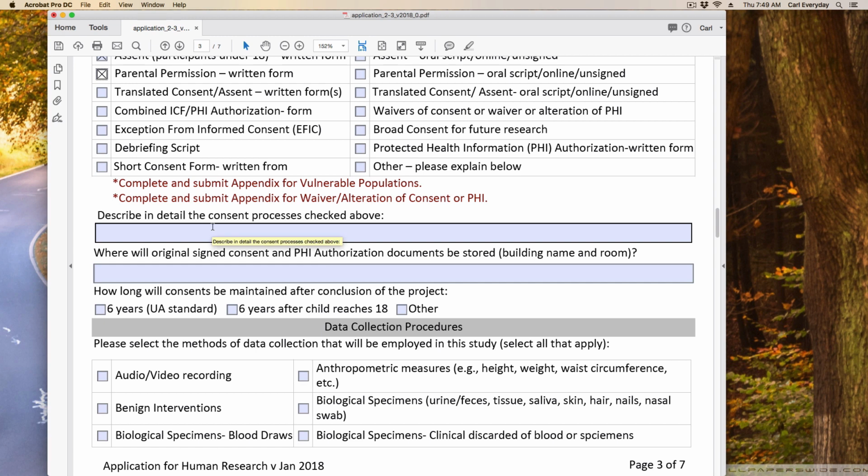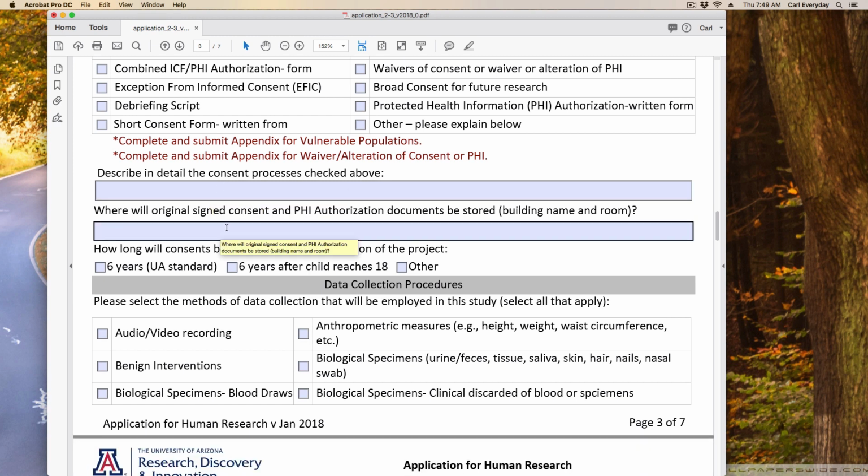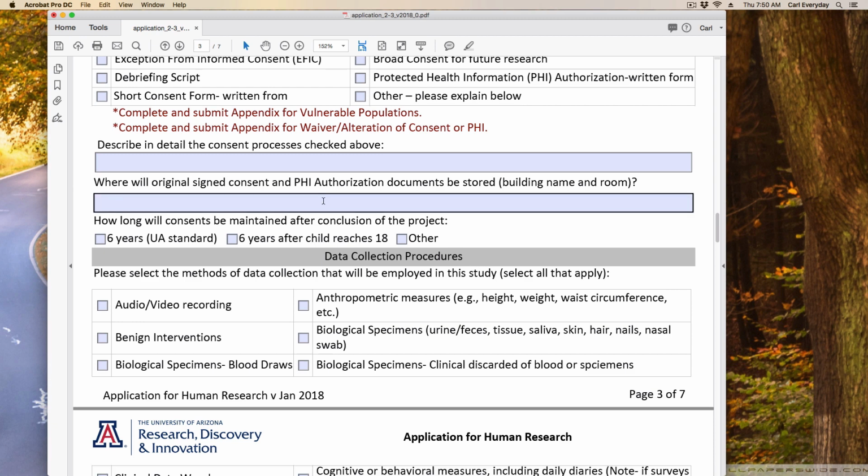And then here they want you to describe the consent process in detail, like where you're going to meet with people, and then you're going to sit down, you're going to talk to them, or they're going to do it online. Where are you going to keep the documents? There's a lot probably in that investigator's manual and elsewhere about the requirements for storing documents, how safe they have to be.